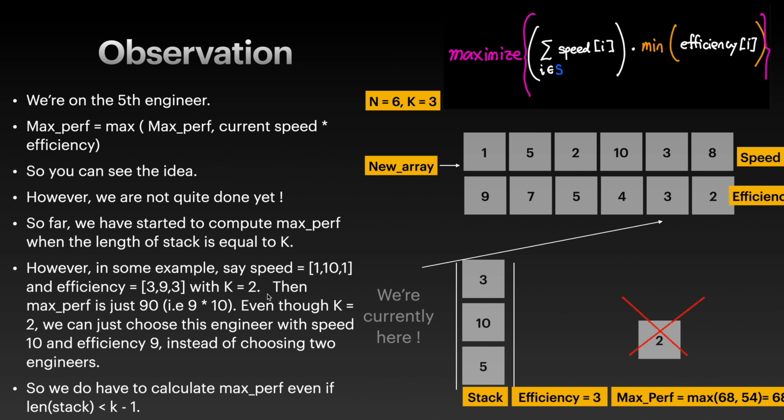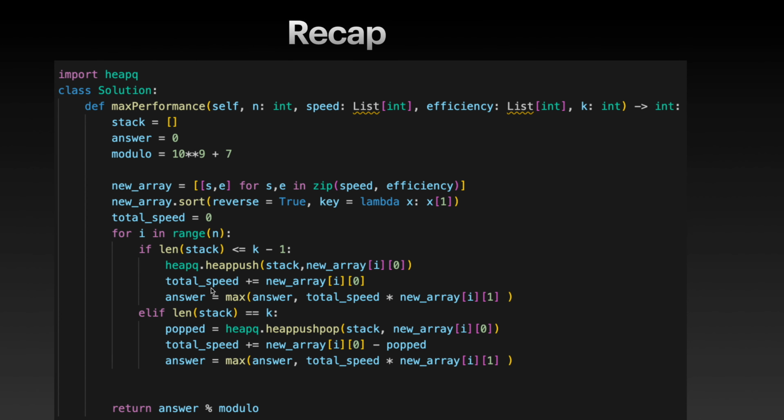We can just choose the second engineer, and that will give us the maximum performance. So that's what's going on here. We still have to calculate our max performance here, and then we just take the maximum. So that's for the case when the length of stack is less than or equal to k minus 1.